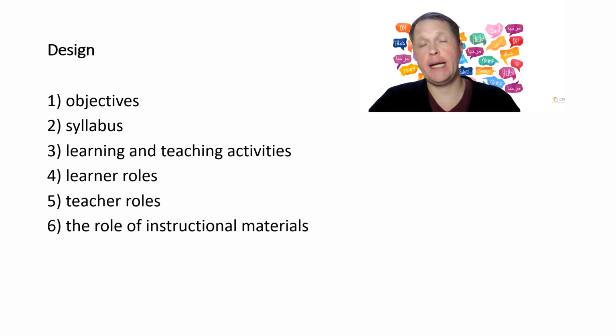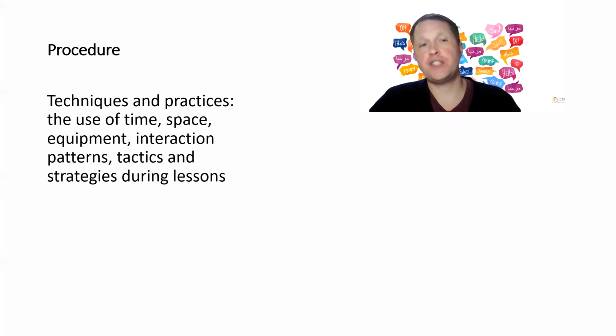And your design will include your objectives, syllabus, activities, and the roles of the learners, teacher, and materials. And your procedure is what actually takes place during each lesson. The use of time and space and equipment and interaction patterns and tactics and strategies.